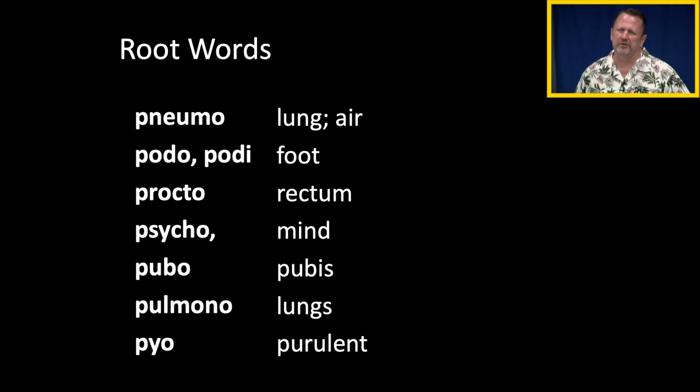Procto refers to the rectum, so a proctologist is somebody who is a doctor of those sorts of problems. Psycho, as in psychology, refers to the mind. Pubo, as in the pubic bone, that is the bone just above the reproductive organs. Pulmono, as in pulmonary, refers to the lungs.